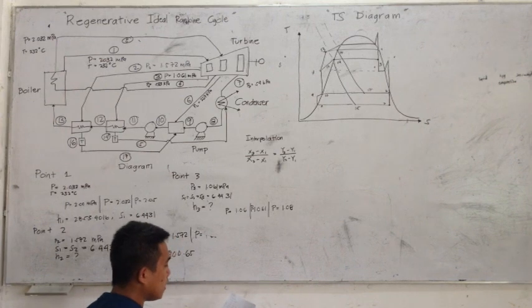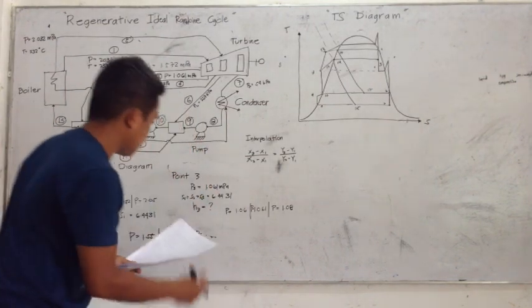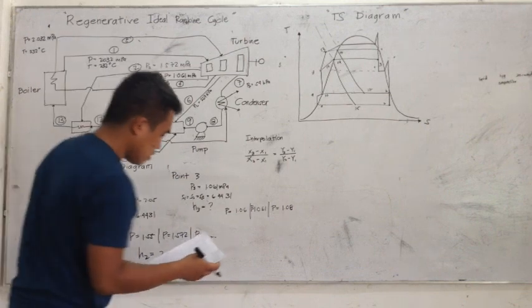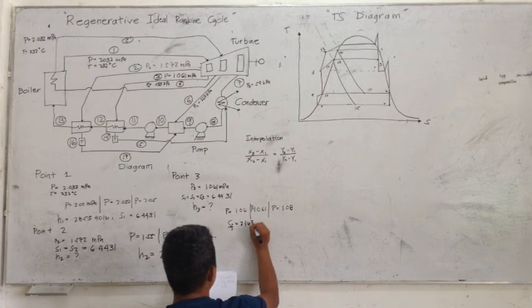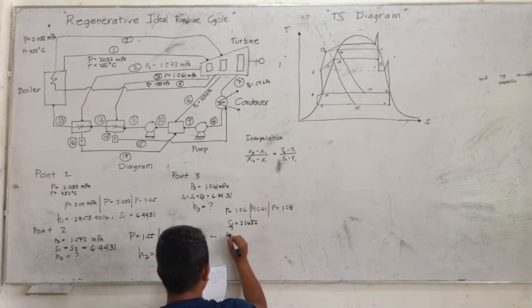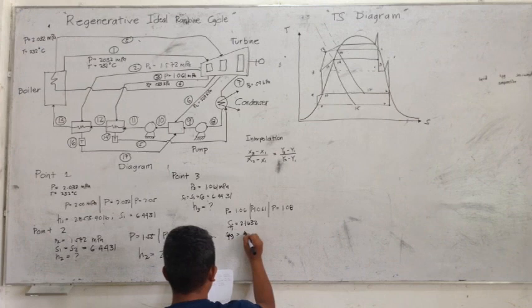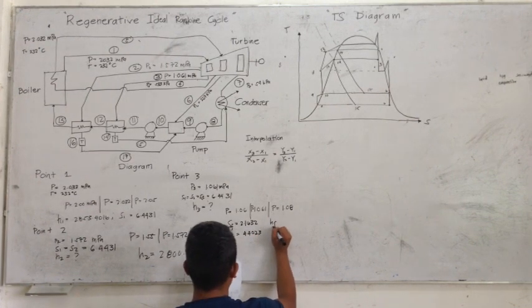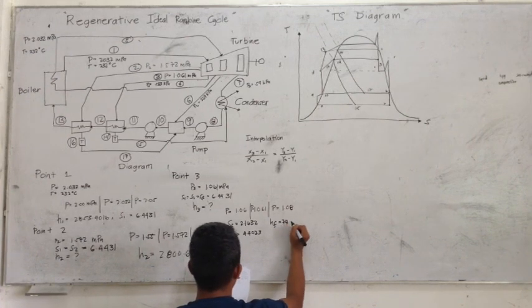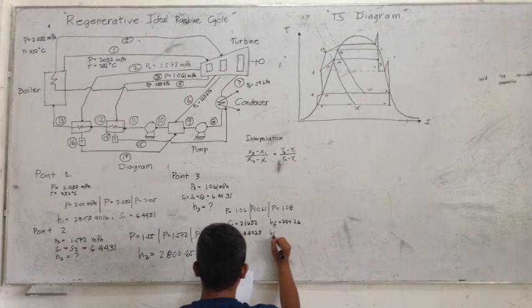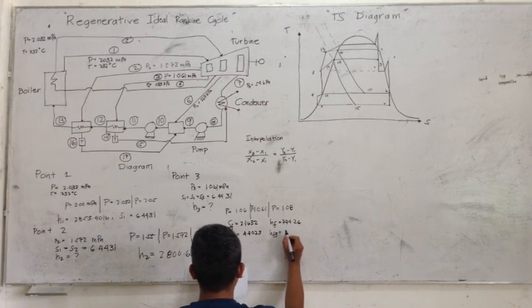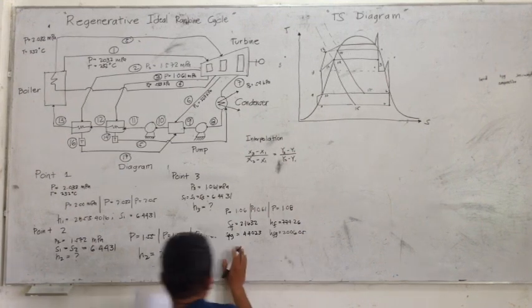Here we have SF of 2.1632 and SFG equal to 4.4023, and HF which is 774.26 and HFG which is equal to 2006.05.